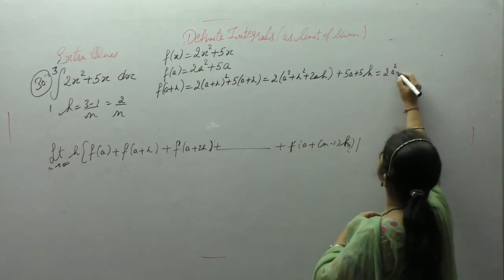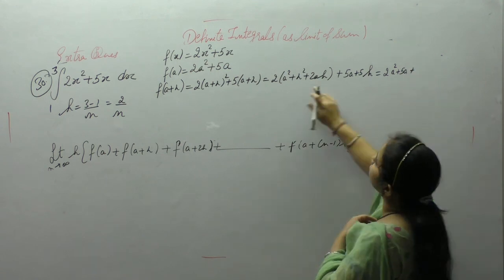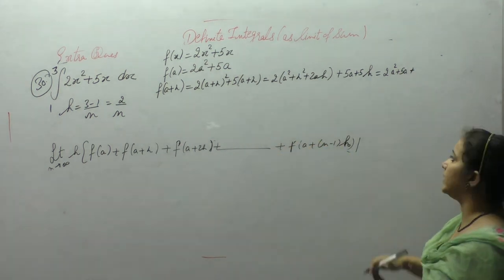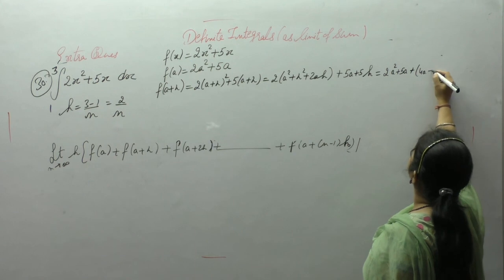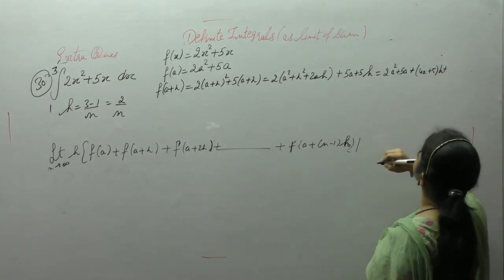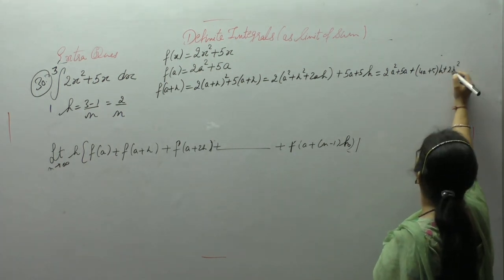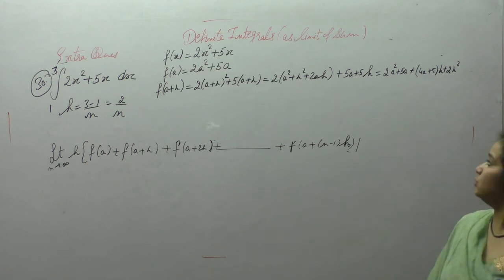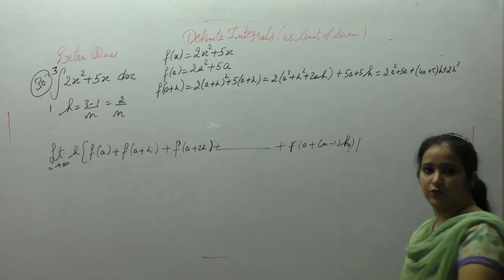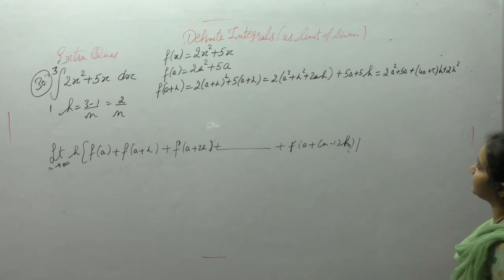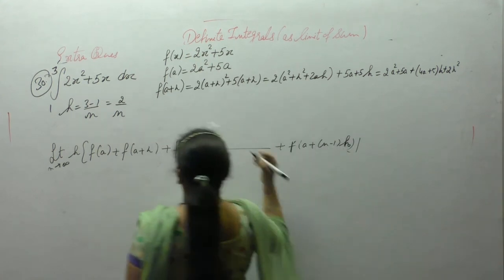Terms of h: 2a square plus 5a, plus (2 into 2, 4a plus 5) into h, plus 2h square.